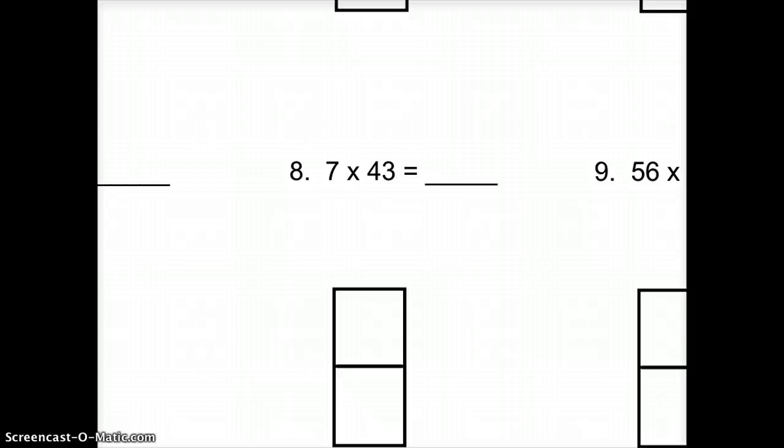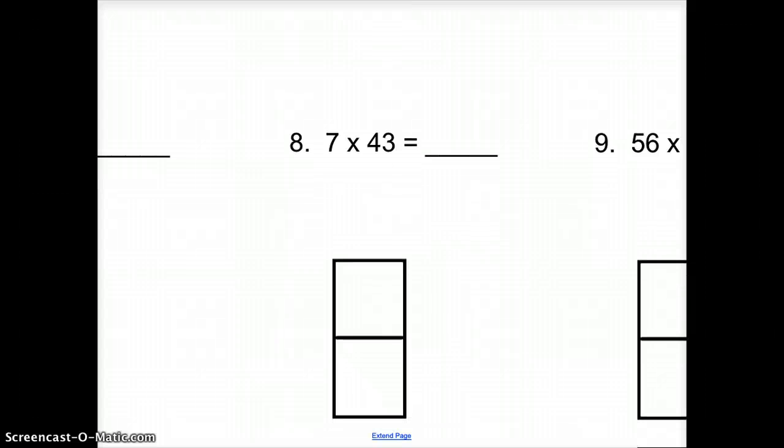And we'll do one more. Let's take a look at 7 times 43. 7, 40, and 3.